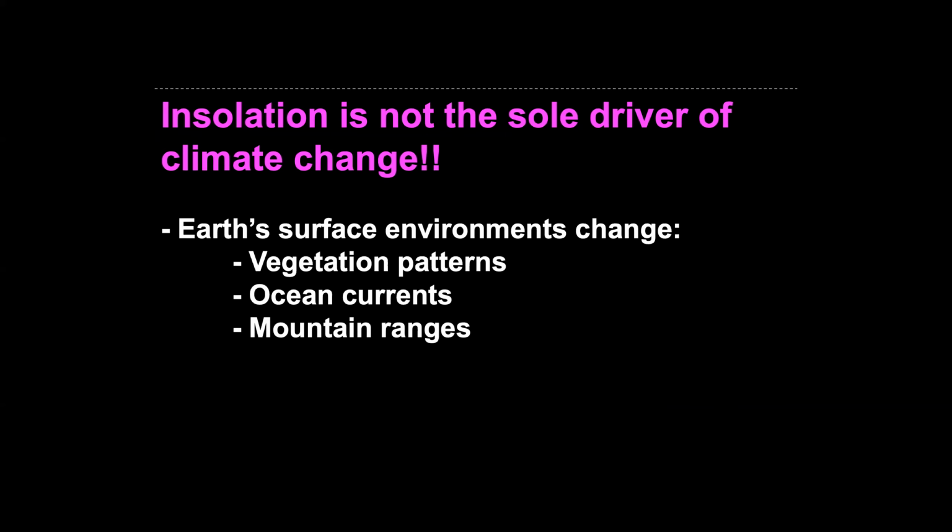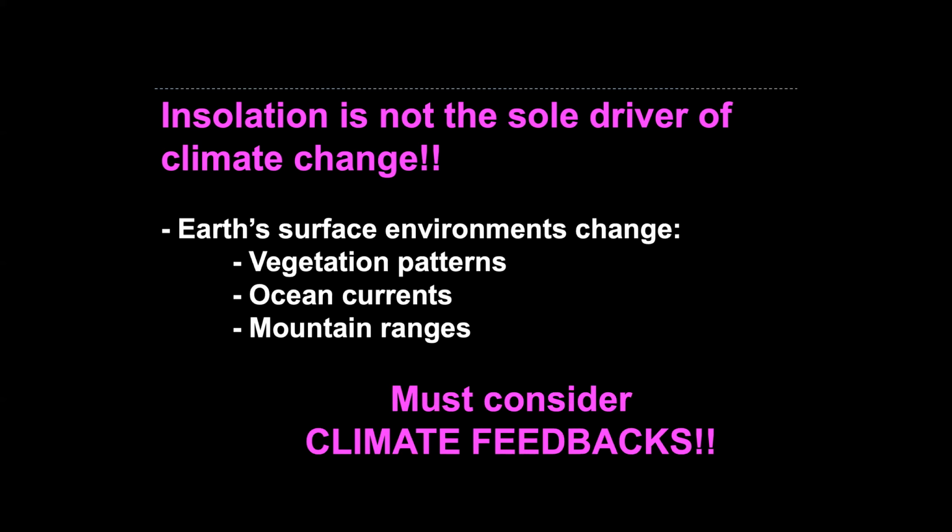Whenever you form new land, new rock, you take carbon out of the air and turn it into part of the stone. That becomes a drawdown of carbon dioxide, so the Earth tends to cool, okay? So you have to consider all kinds of feedbacks coming into play, not just the drivers due to solar and orbital parameters that we just discussed.